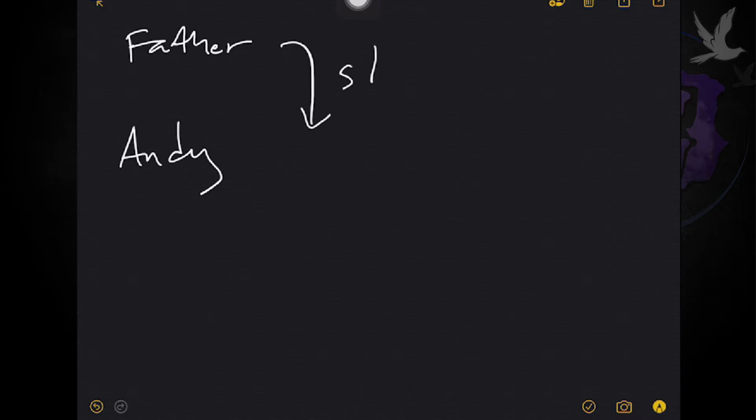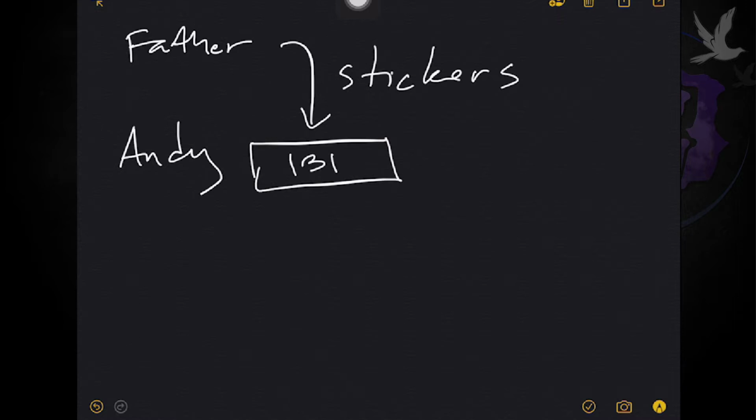Okay. Number 1. Andy receives 131 stickers from his father. Okay. We have Andy and the father who gave stickers to Andy. How many? 131.